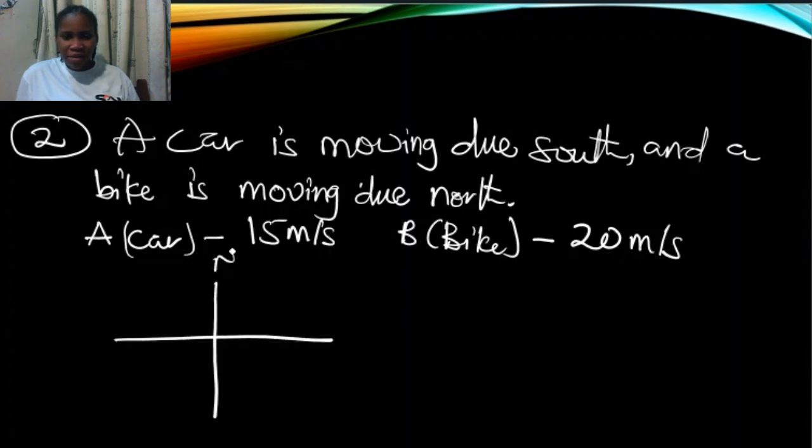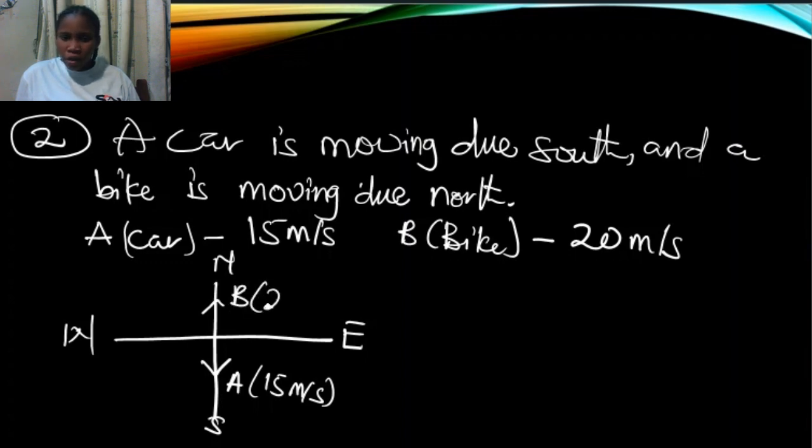North, east, west, south. The car is moving due south at 15 meters per second. Due north is for the bike, that's 20 meters per second.